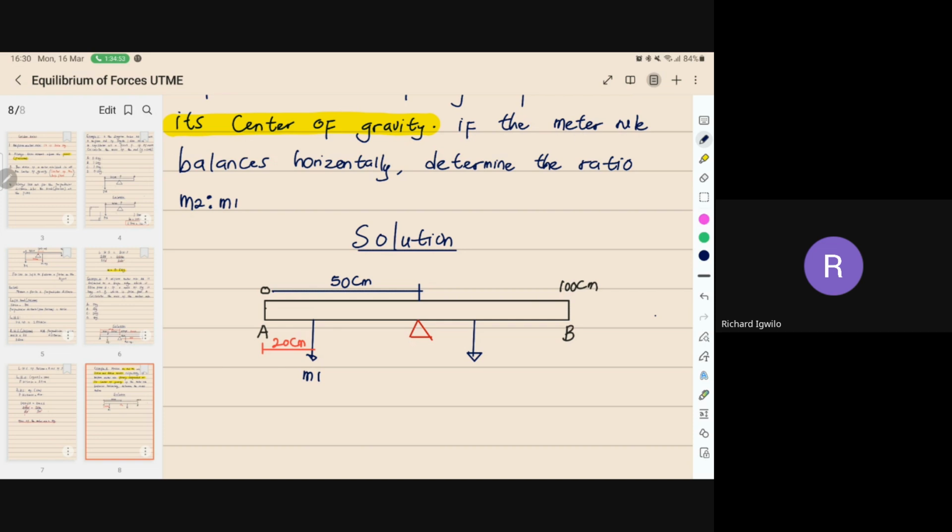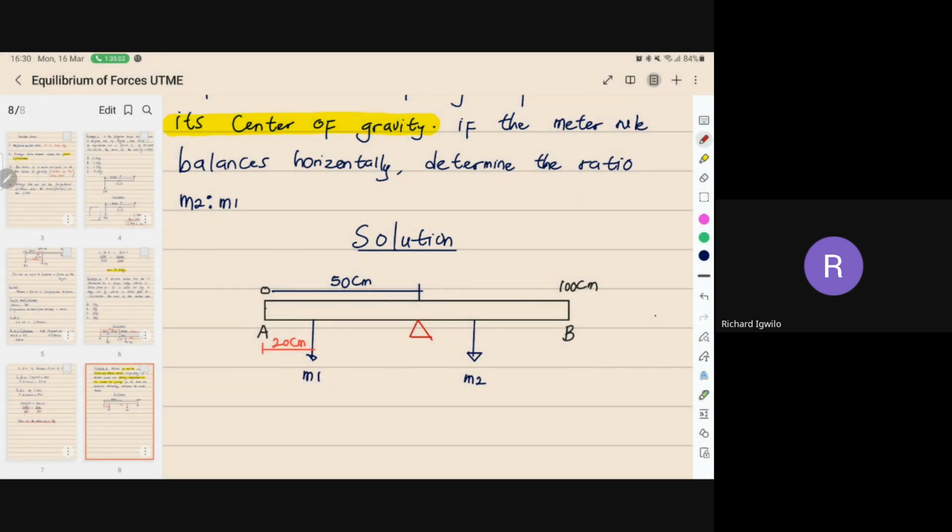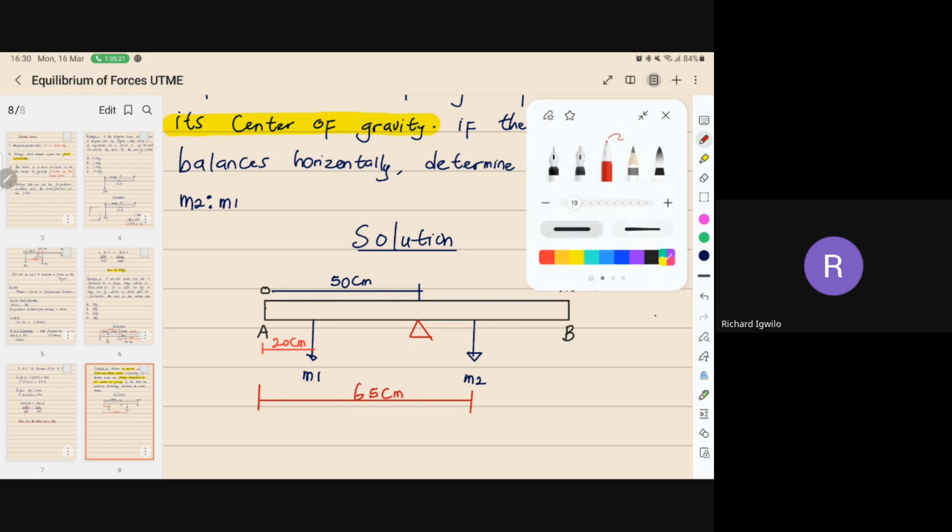All right. So here is M2. And remember that they said that your M2 is at a distance of 65 meter, right? So it means that the distance from here through the whole of here to this very point here is 65. So here is 65 centimeter. But remember that our goal is to take the moment about the fulcrum, right?